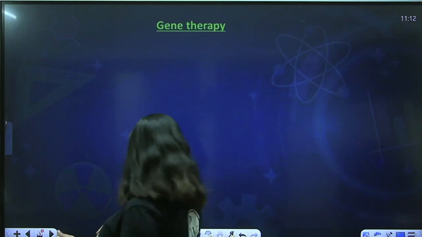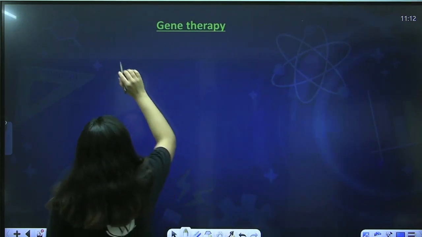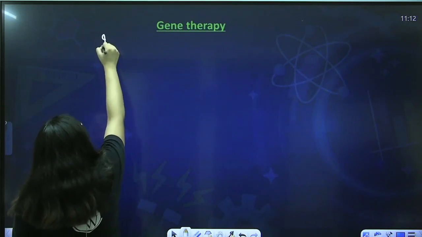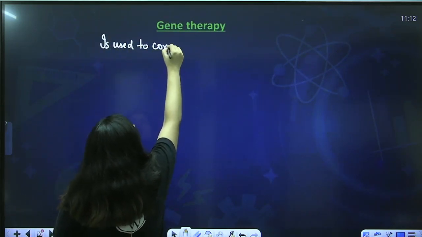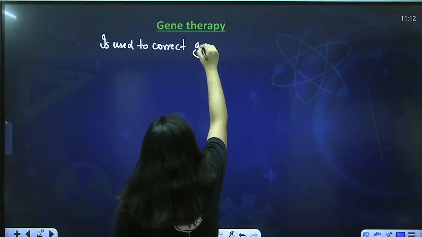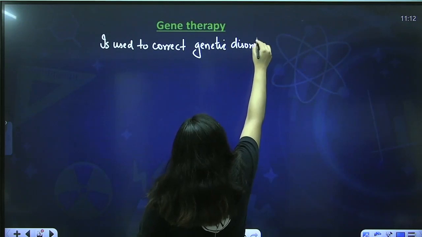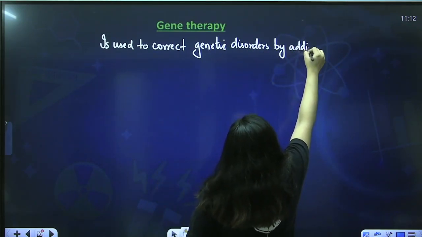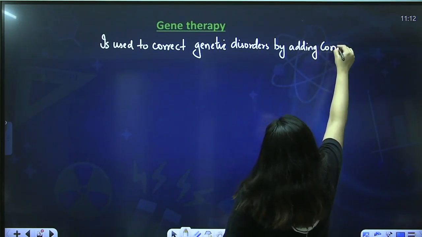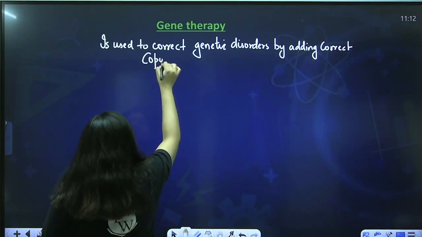So if I talk about the definition, gene therapy is used to correct genetic disorder by adding correct copy of gene.